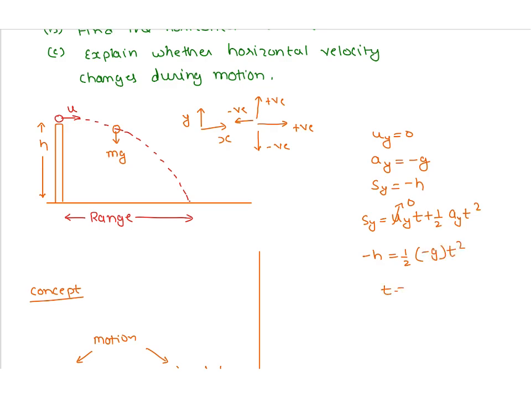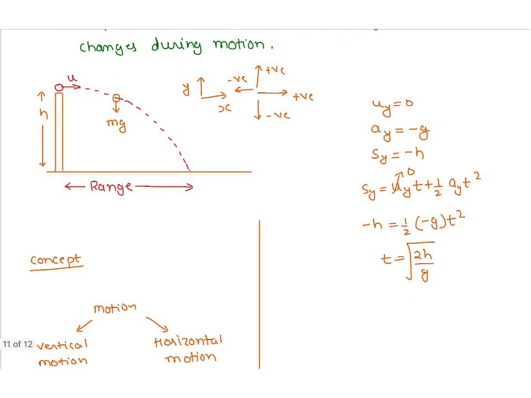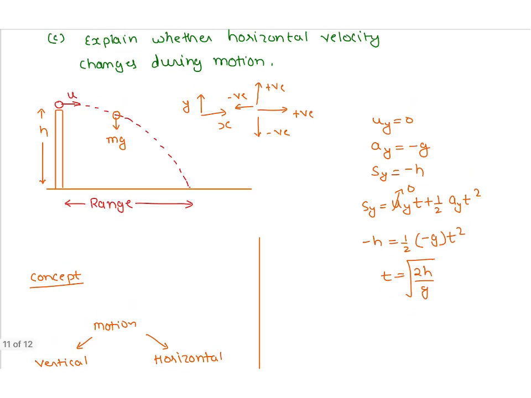So t is equal to square root of 2h by g. You can directly apply this formula. So this is time, under root of 2h by g. In AP exam, writing the correct equations gives you marks, not just the final answer.